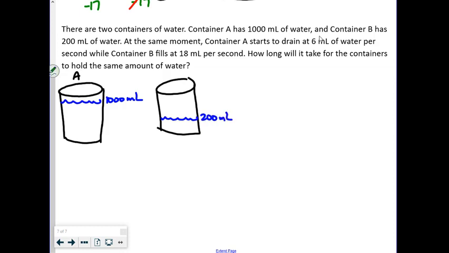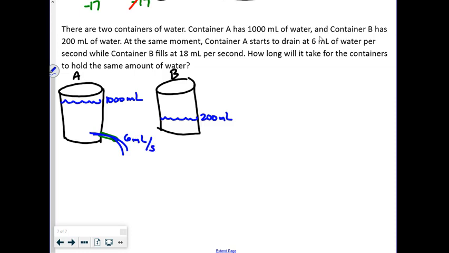But we have some differences here. Container A, at the same moment, so these are happening at the same time. Maybe it's got a spout or something. The water is draining out, flowing out at 6 milliliters per second.